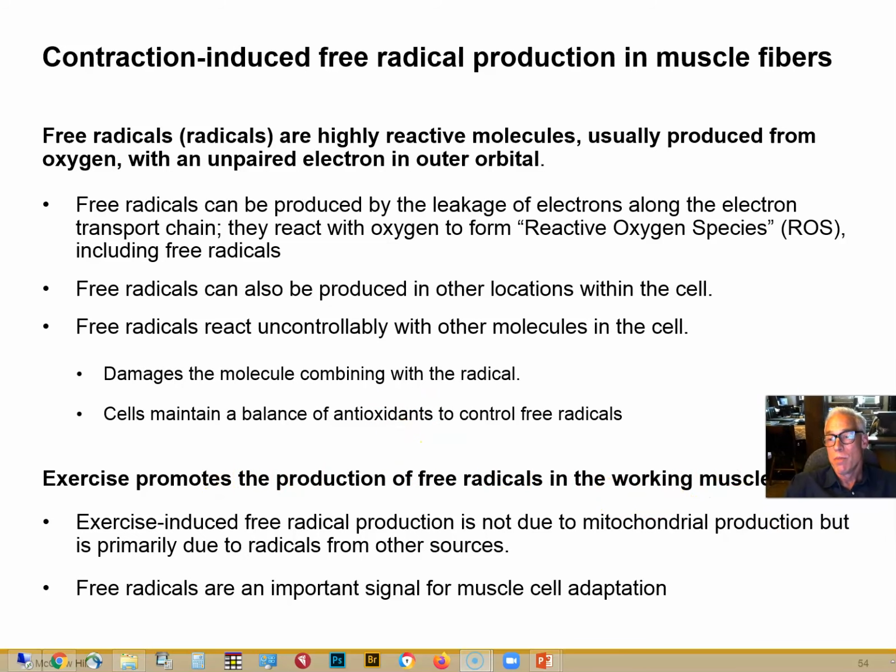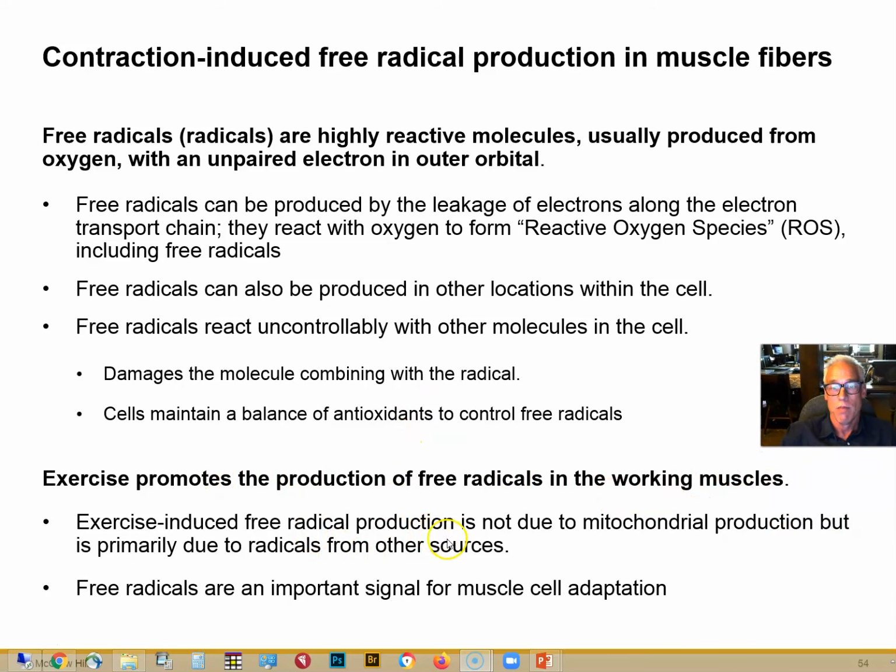Exercise promotes the production of free radicals within muscle cells. Now, we've just said that's not so great, but remember before when we talked about hormesis, we said that some kind of deleterious stuff happens when we challenge the body with various things, including exercise and muscle contraction. But at just the right amount, those deleterious things that happen produce good reactions, good adaptations.